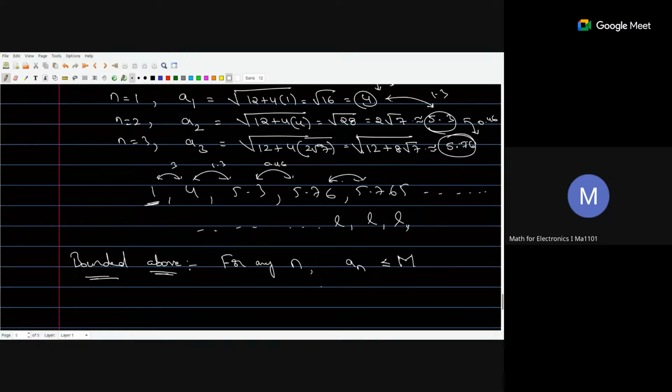For any n, so n can tend to infinity also. If your sequence numbers are less than or equal to some value m, then we say the sequence an is bounded above.